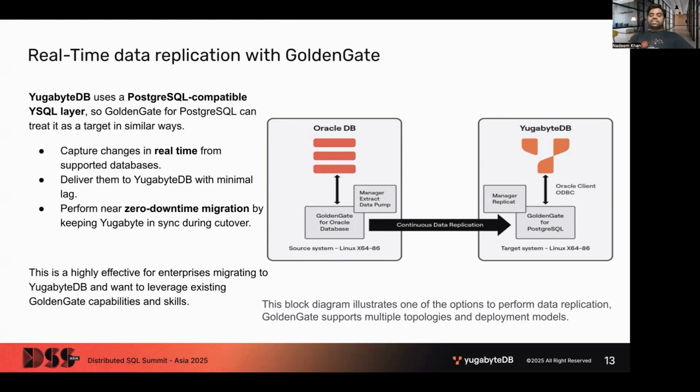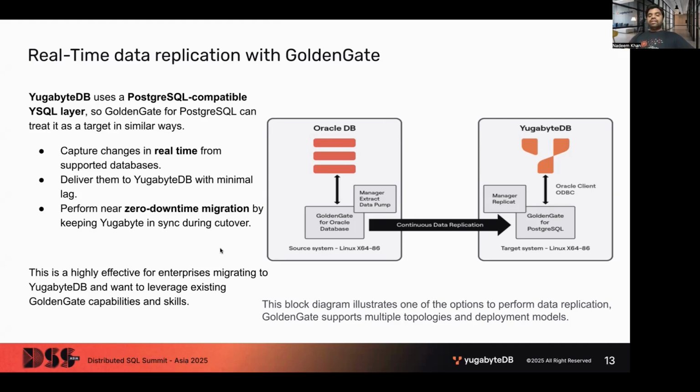This diagram illustrates one of the topologies or deployment models, but with Golden Gate there are multiple models and topologies supported, and you must carefully evaluate it for your database type and your requirement.